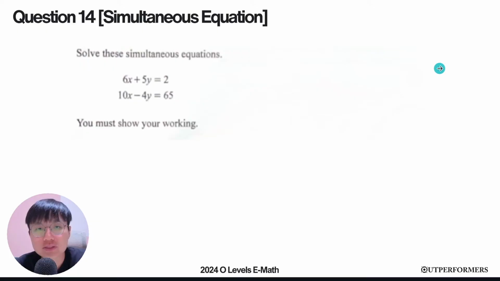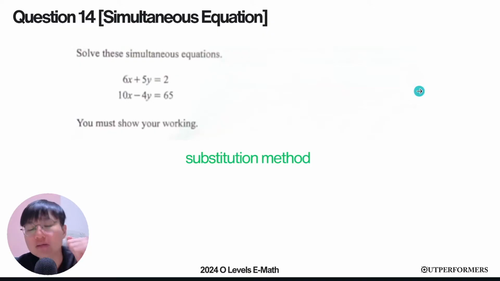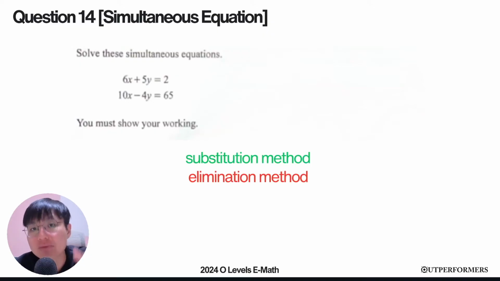Question 14 is on simultaneous equations, and for simultaneous equations we usually fall back on two things, either the substitution method or the elimination method. Between these two, I usually check: do I have any 1x or 1y?